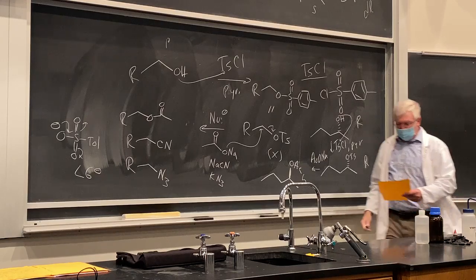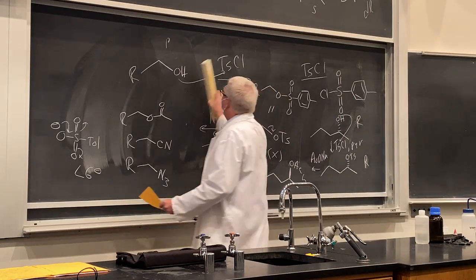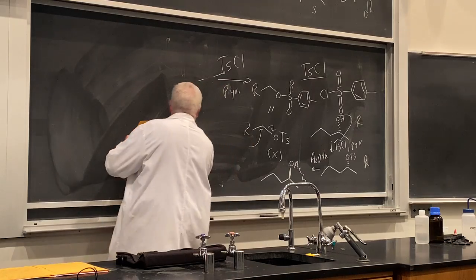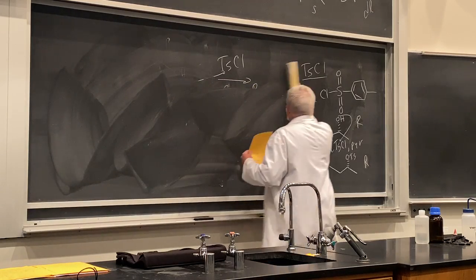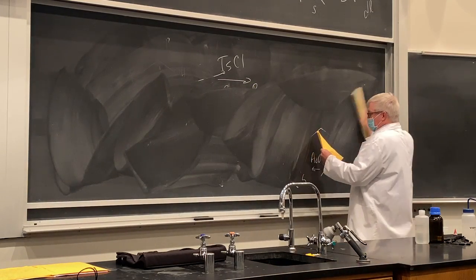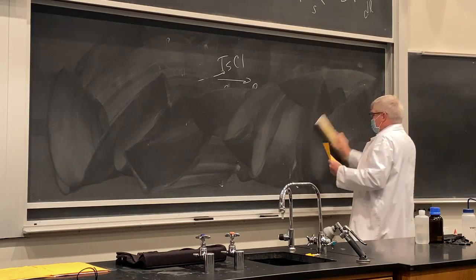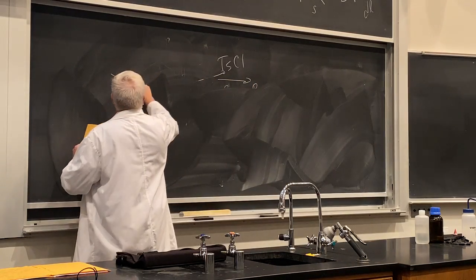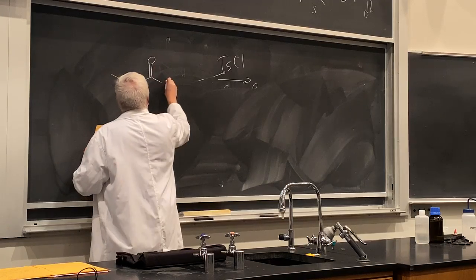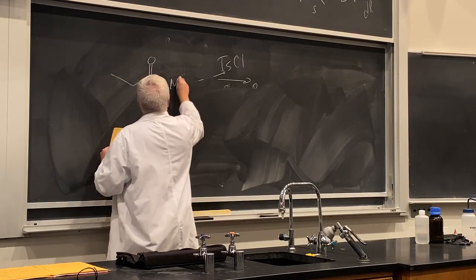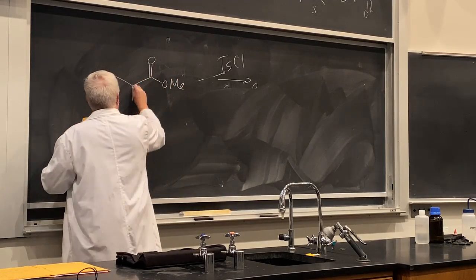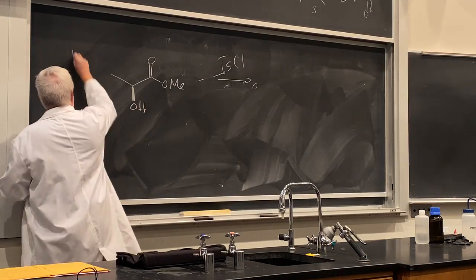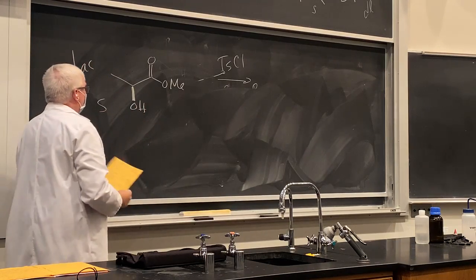Let's look at a historical example of the use of Tosyl chloride. In fact, this is a fundamental reaction that involves a biological molecule, lactate, or lactic acid. And lactic acid is this compound here. We're going to look at the methyl ester of lactate. And this is one that's available in nature. So that's methyl lactate.